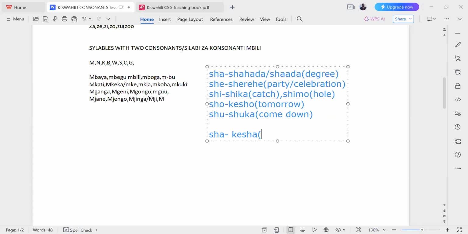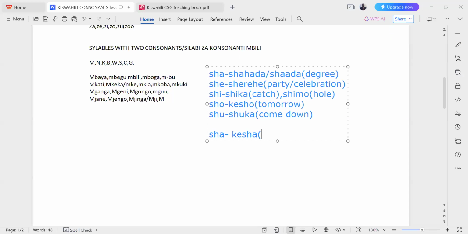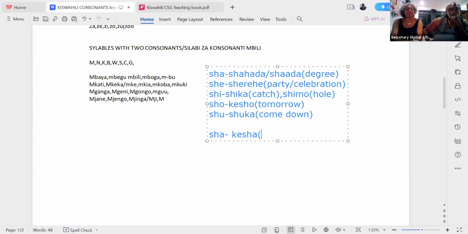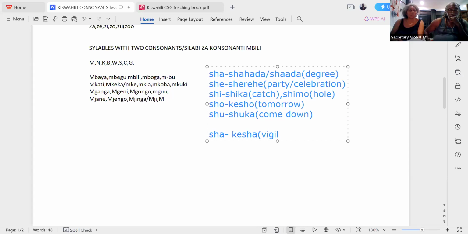Kesha is like you don't sleep overnight. Either you are seated somewhere or making your stories overnight. We always call it kesha. A vigil? It's not even a vigil, because a vigil is more like candle lighting. But for example, when you go over to your friend and you just make stories till morning, we say you didn't sleep.